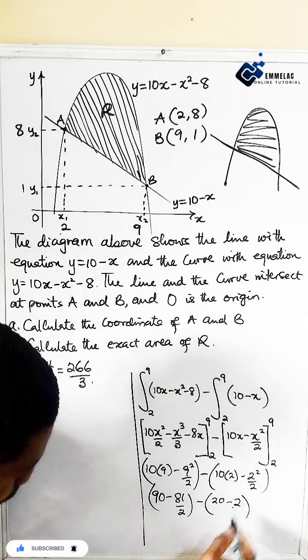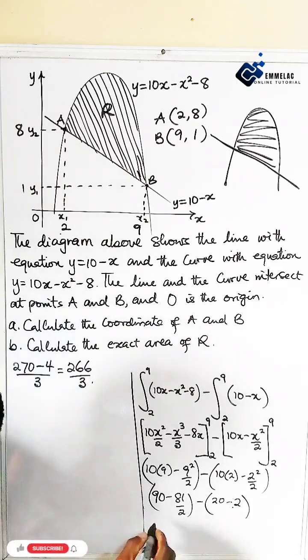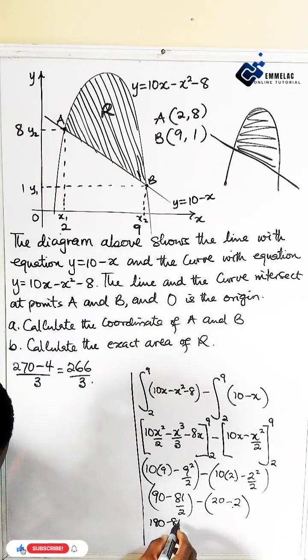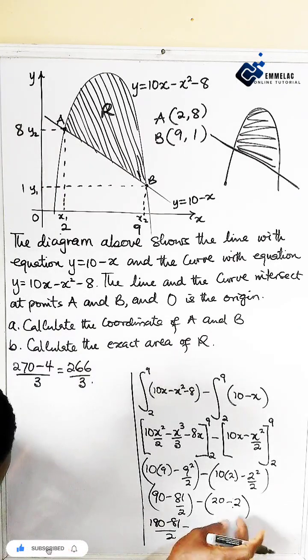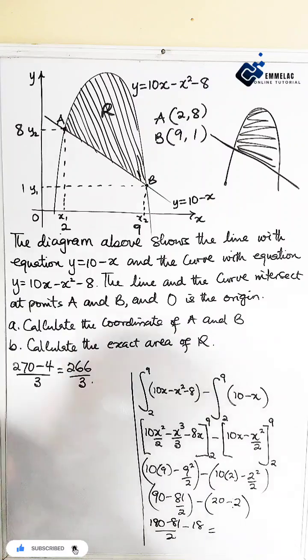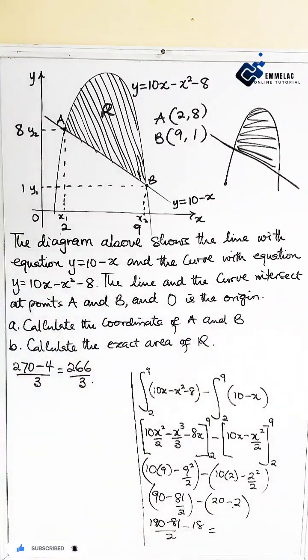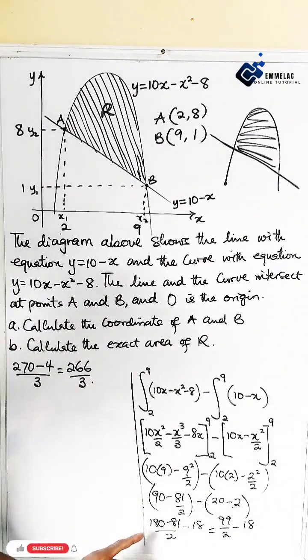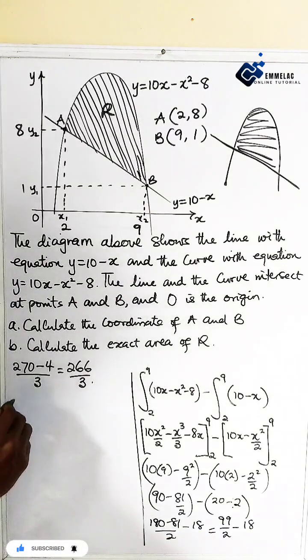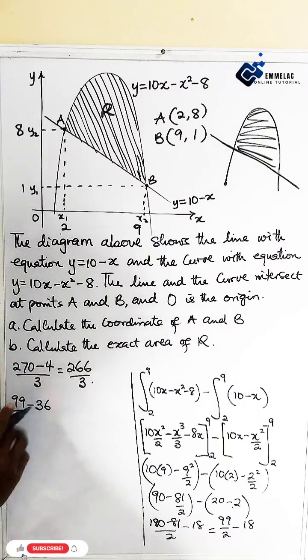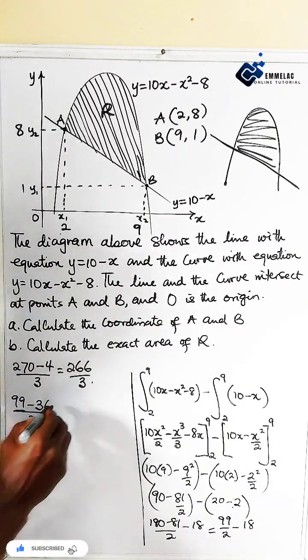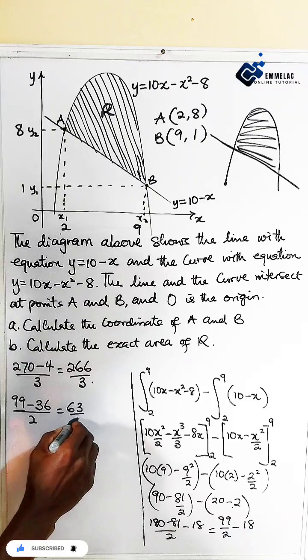So after which here you have 180 minus 81 all over 2, then minus 18. Now 180 minus 81 will give us 99 over 2. Then we have 99 minus 36 all over 2, and that will be 63 all over 2.